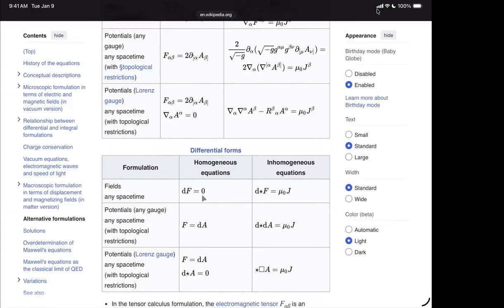And then there are the generalizations of Maxwell's equations, which you may have heard of, called the Yang-Mills equations. Those are the ones that govern the standard model of particle physics, which includes the quarks, the leptons, the gluons, all the basic constituents of matter.